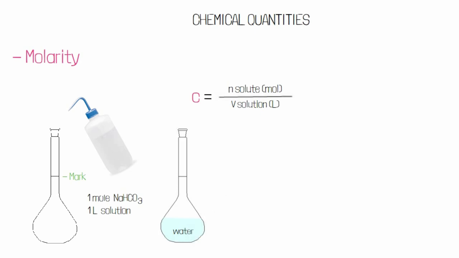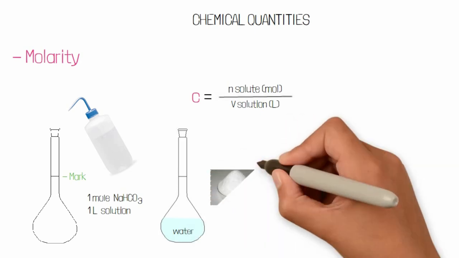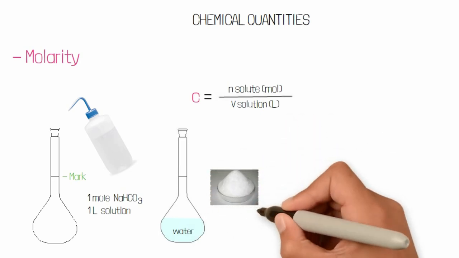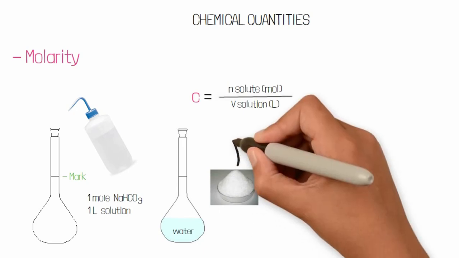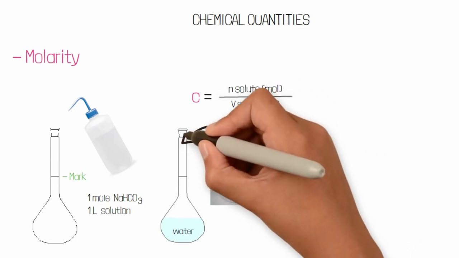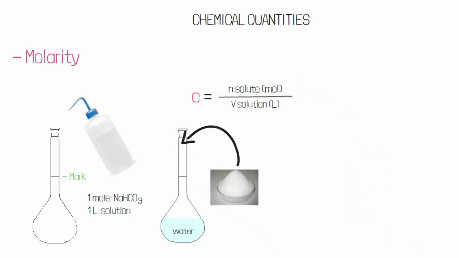Just put some amount of water, and then we will weigh the exact amount of sodium bicarbonate which corresponds to 1 mole. So just convert 1 mole of this into grams, then weigh the right amount on the scale, and then we will dissolve this into our volumetric flask with the water.